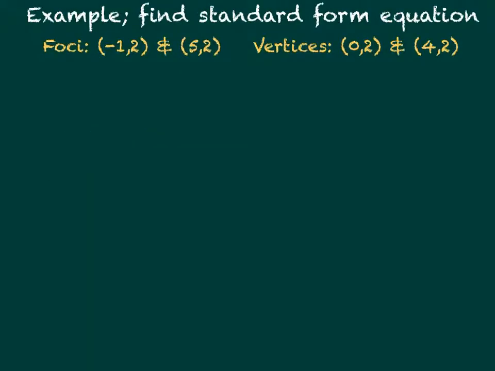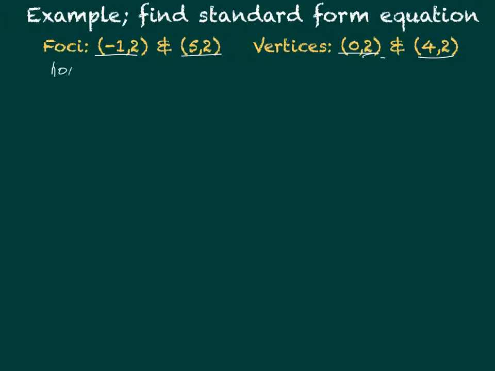In this first example, what we want to do is find the standard form equation for the hyperbola. We're given both focus points and both vertex points. So we look at these, and we can look at either one of the sets, but what do they have in common? If I look at the focus points, the 2 remains the same. If I look at the vertex points, the 2 also remains the same. So what that means is that my y is always going to be the same, which if you look back, that would be in my horizontal hyperbola.